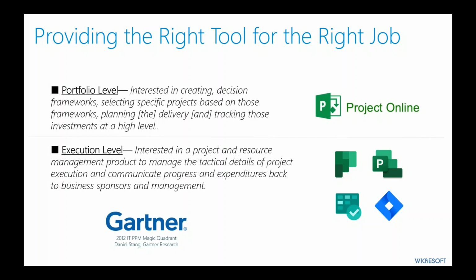But at the execution level, while Project Professional and Project Online do absolutely meet those needs for an enterprise PMO, more and more organizations are interested in supporting and enabling other execution level tools, such as Project for the Web, Jira, Azure Boards, Planner, other tool sets that are used for delivering on work and tasks.